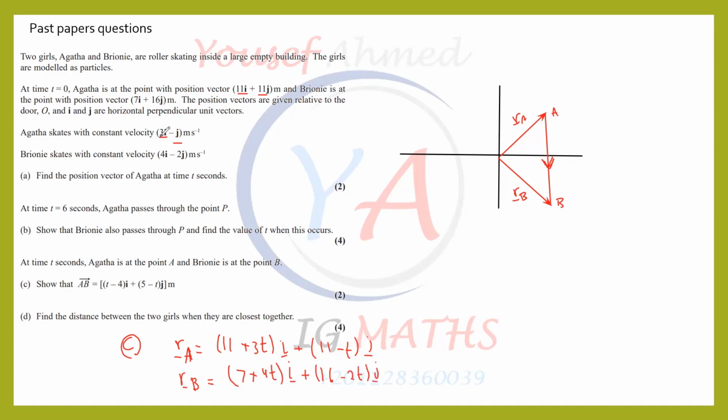So now we got the two position vectors for the two girls. We just need to subtract them, RB minus RA, to get AB.